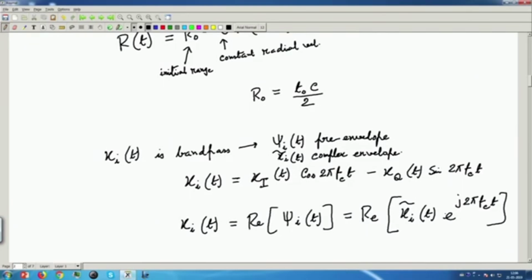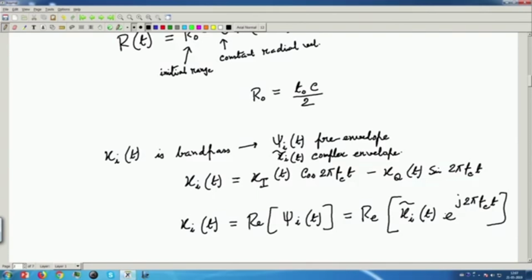It is carrying the information, but information is not here, information is either in the phase or in the amplitude of the carrier. So, otherwise carrier is not useful for us. So, complex envelope is carrierless, that is why it becomes a low pass signal. So, if we analyze complex envelope, we get all the information of the signal. So, this is the means of throwing away the carrier, that is why it is possible.